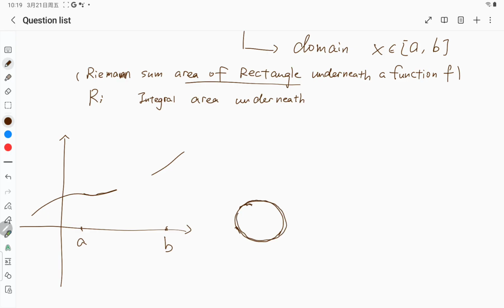It's hard to decompose it into pieces and sum them up. So it took a long time to investigate how to calculate the area of a circle, right?